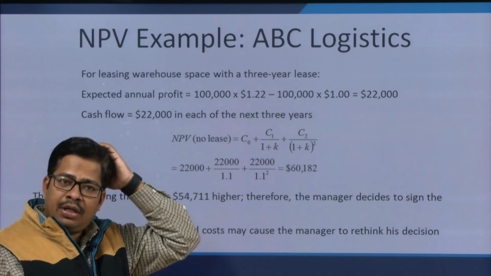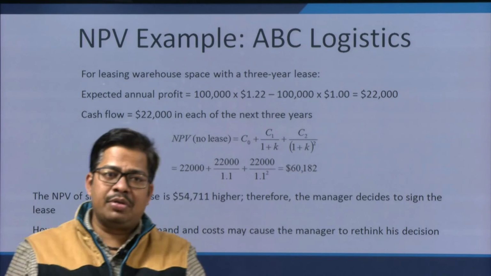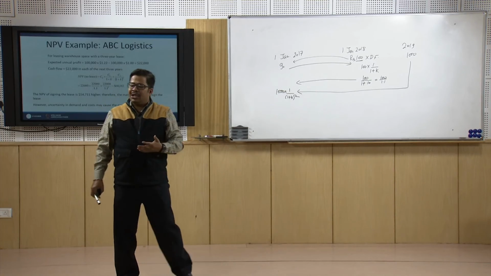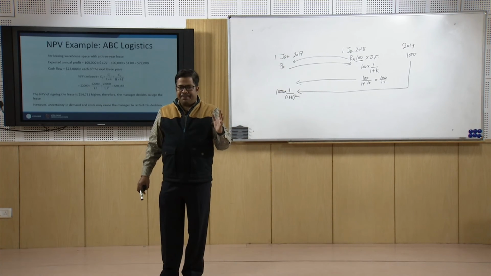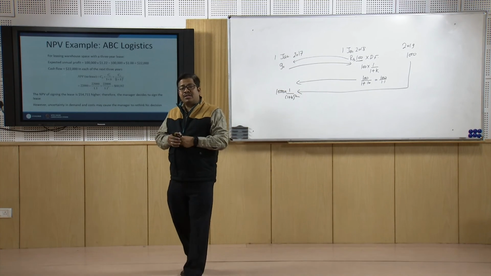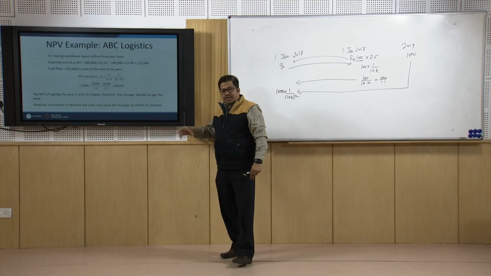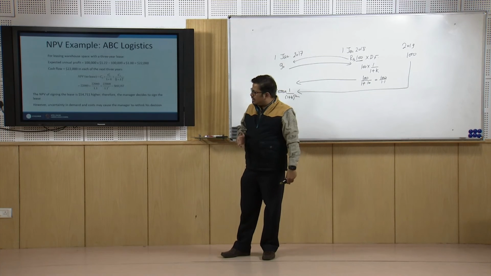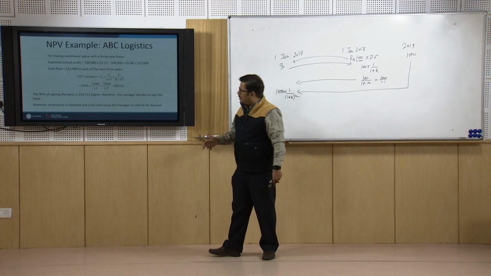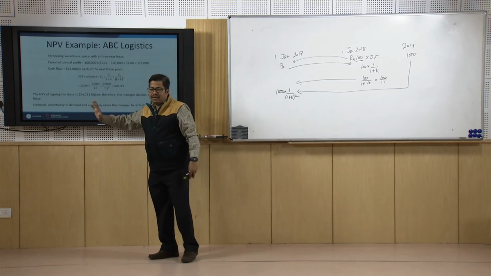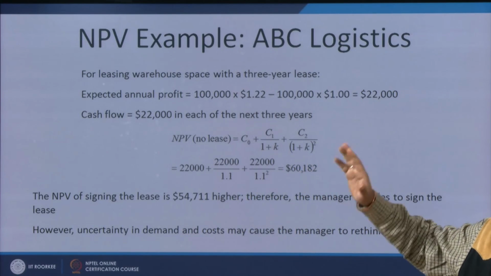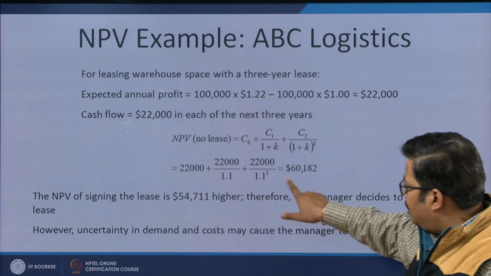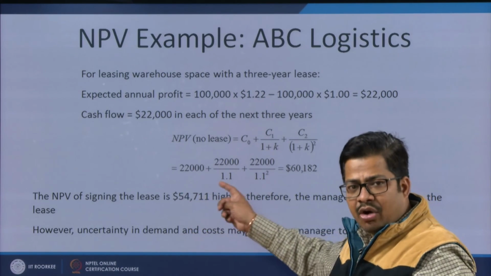significantly go down. It is also possible that for 3 years we have taken a flat rate of return of 10%. It may also change with time, and with some predictability you can say that next year it will be 10%, after that it may be 15%, and then 16%, etc. So in that case you can have different denominators here.